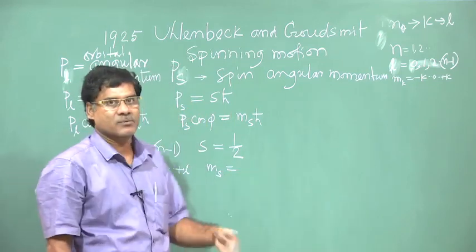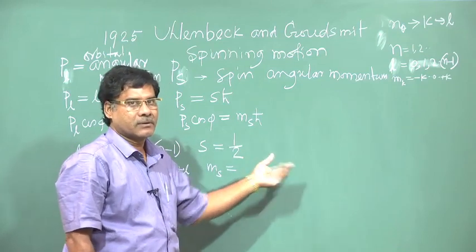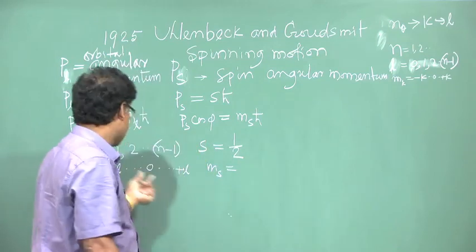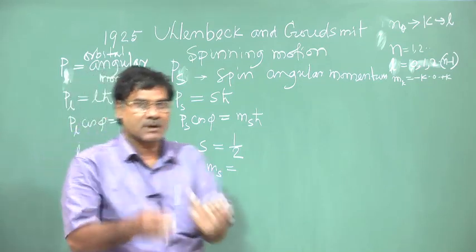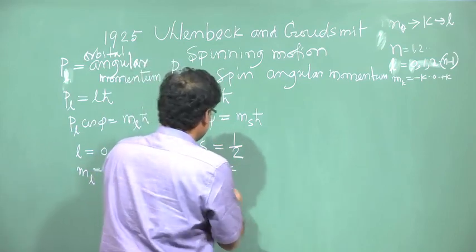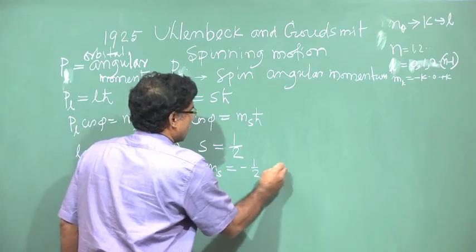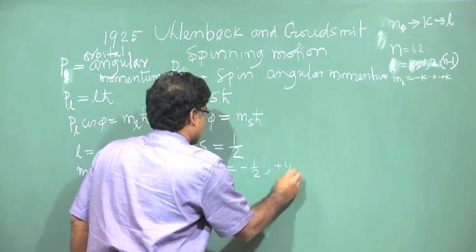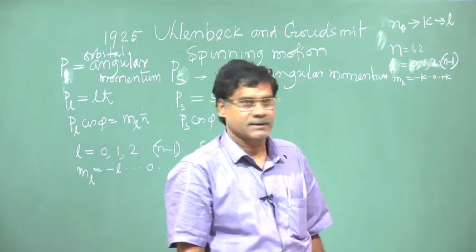The difference between successive quantum numbers is always 1. So, MS can take only two values, plus half and minus half.